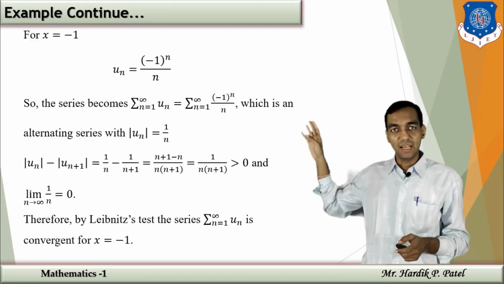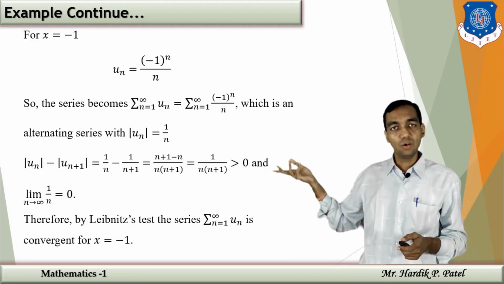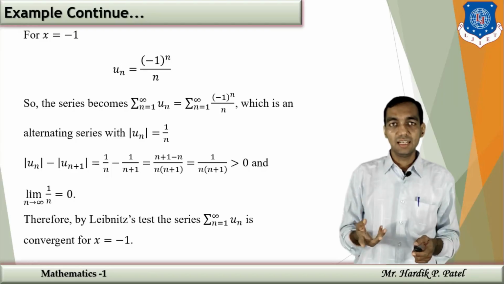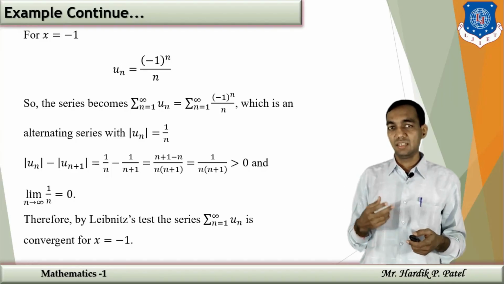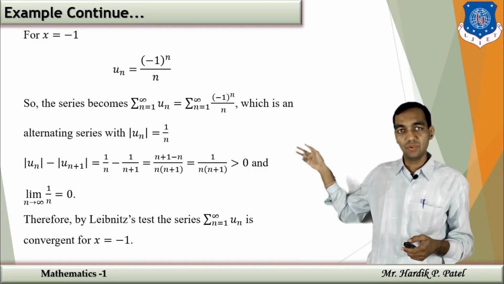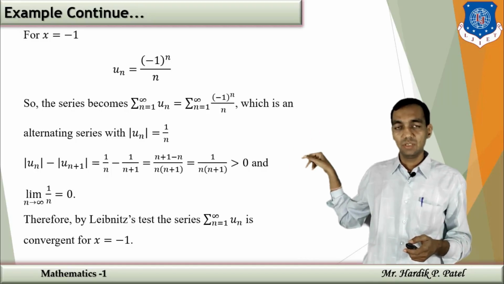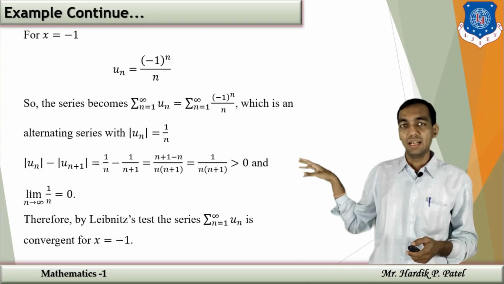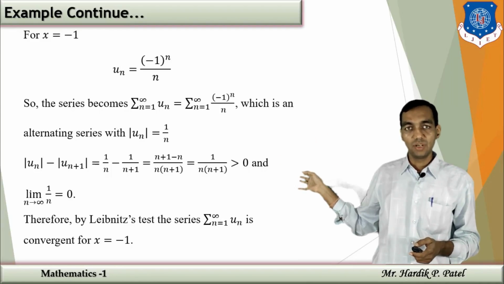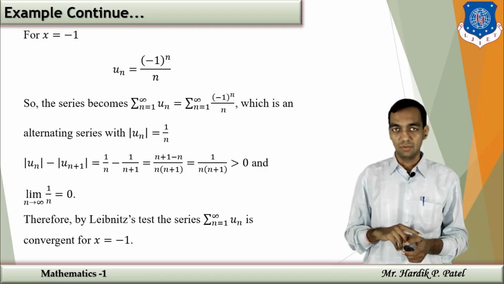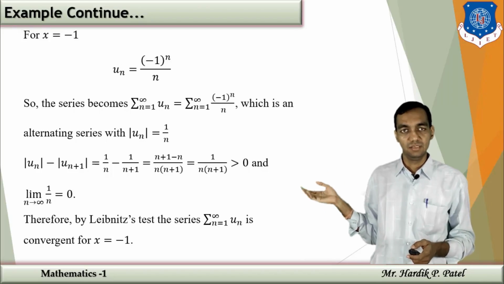So here (-1)^n is there, that means it is an alternating series, and for an alternating series we are going to apply the Leibniz test without considering the sign. So mod un will be 1 upon n, mod un+1 will be 1 upon n+1, and subtracting them and simplifying, that will give you 1 upon n(n+1), which is obviously greater than 0.